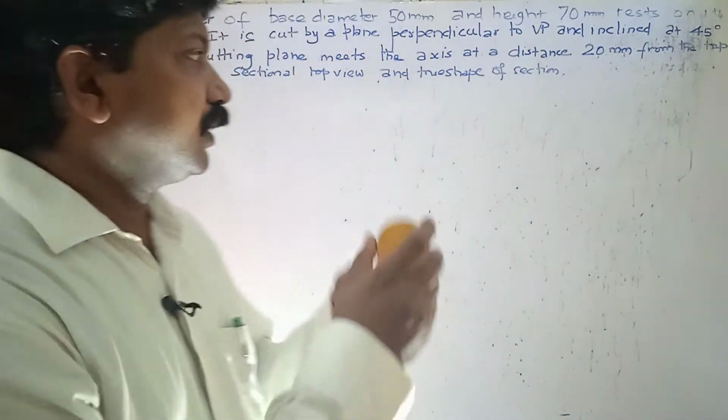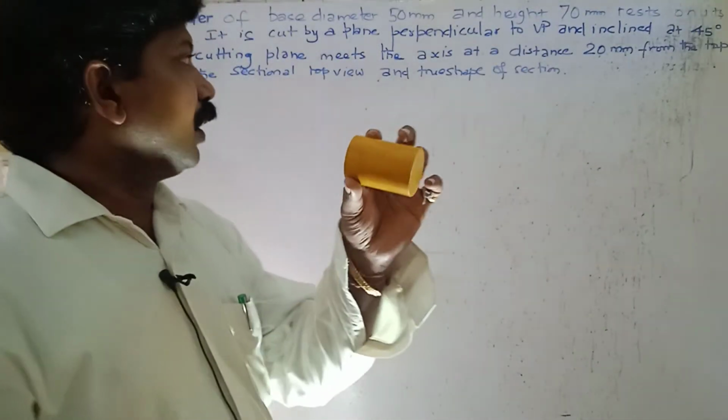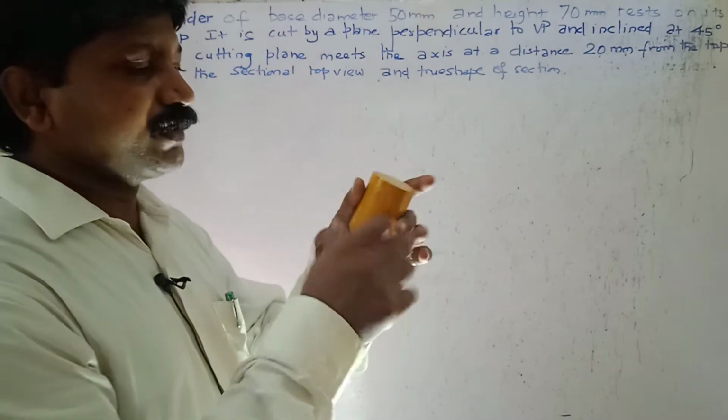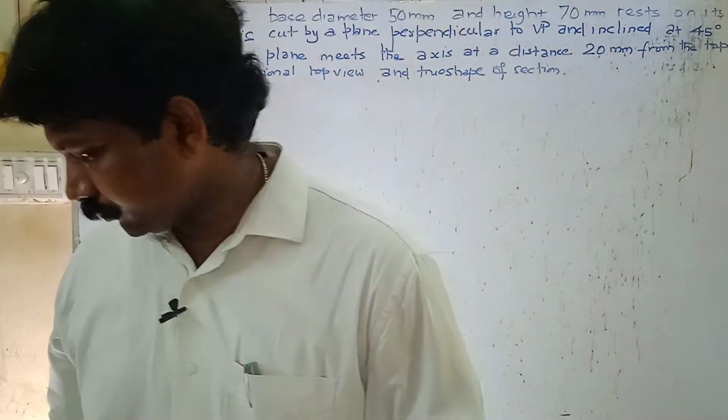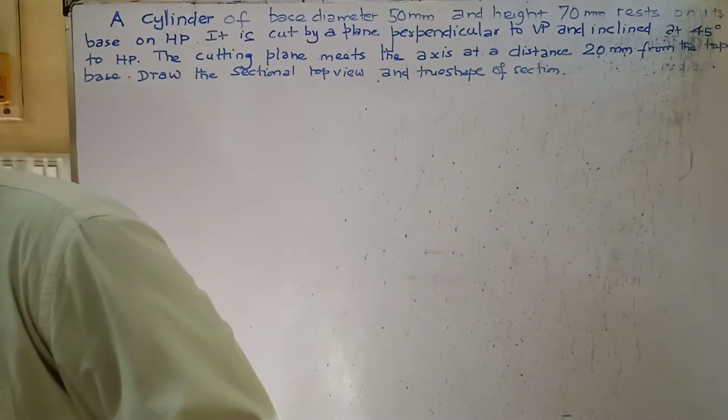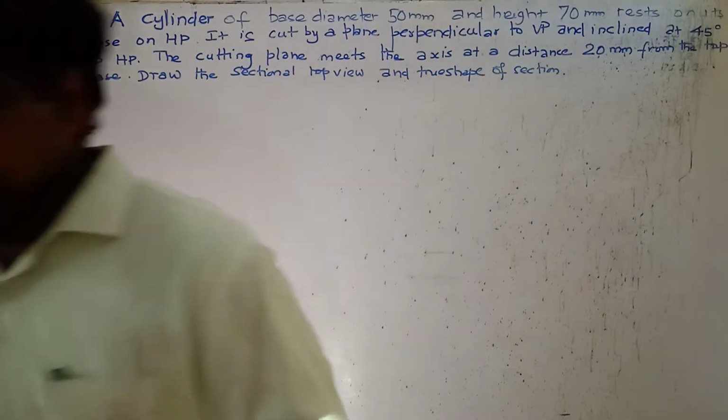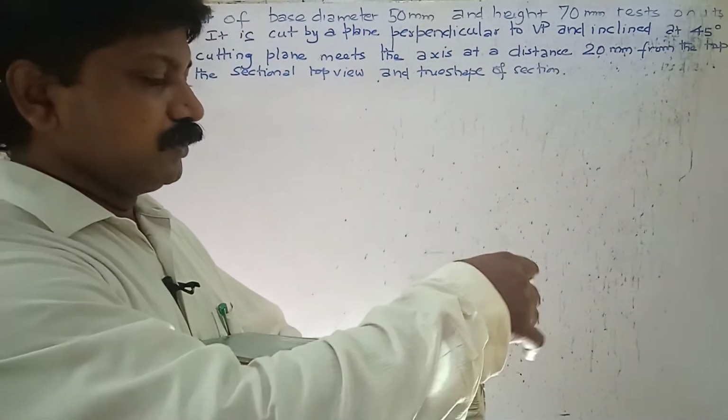A cylinder of base diameter 50 mm and height 70 mm. Assume this is the first quadrant; you are the observer.